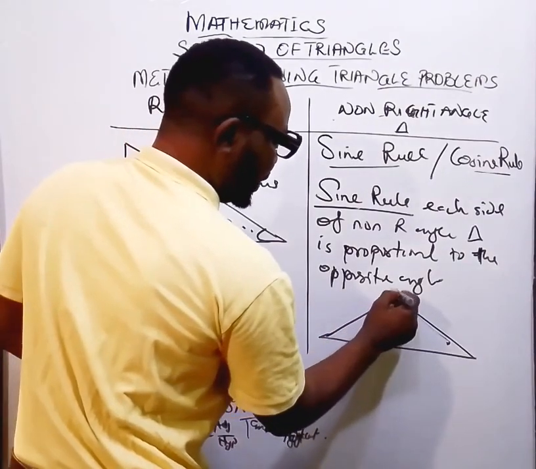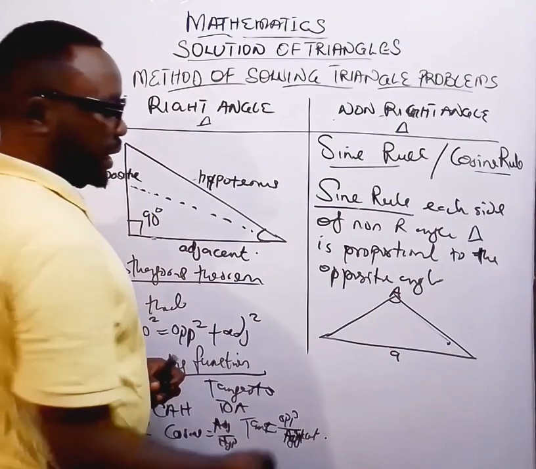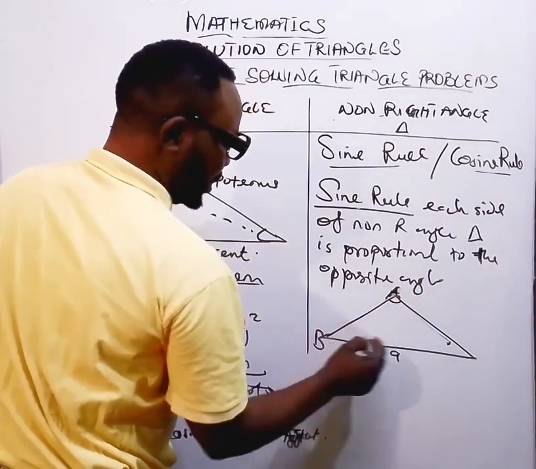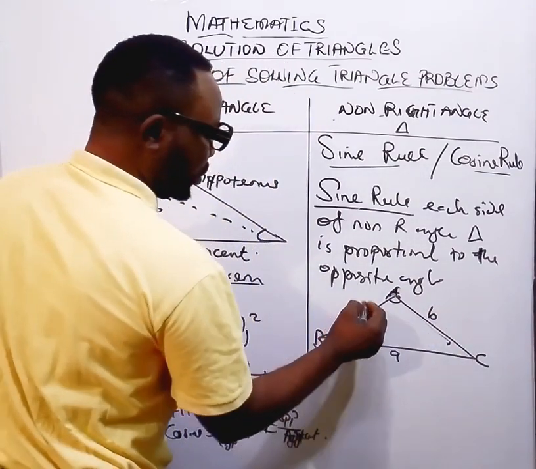If this place is A, the side here will be called small letter a. This is angle A. This is angle B. This side will be called small letter b. And this is angle C. This side will be called small letter c.